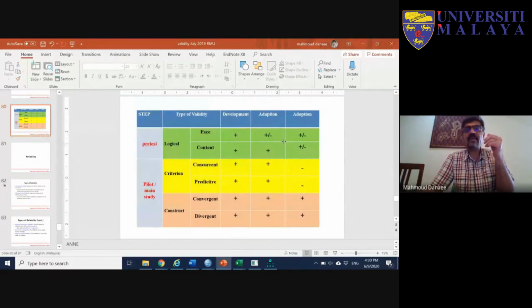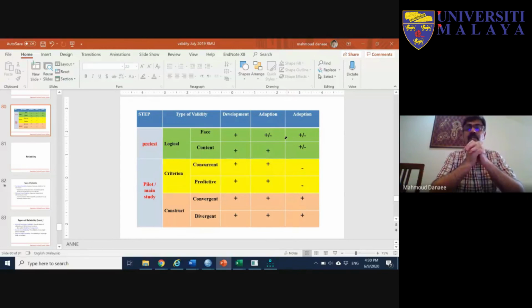But as a summary for the validation, if you are going to develop a questionnaire, in an ideal situation it is better to do all these types of validation: face and content, concurrent or predictive, not necessarily both of them, and then of course convergent and discriminant validity.